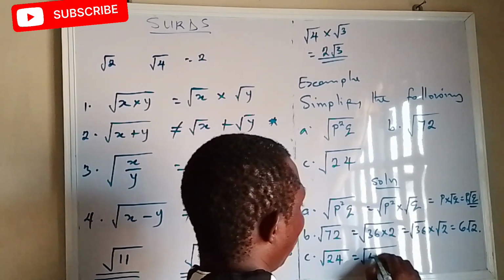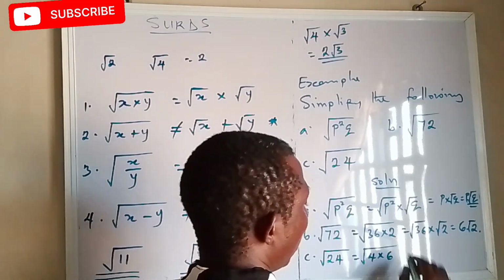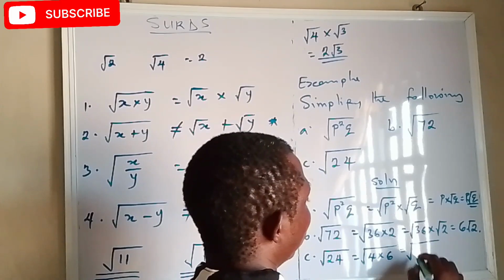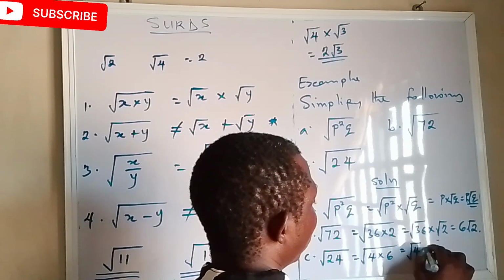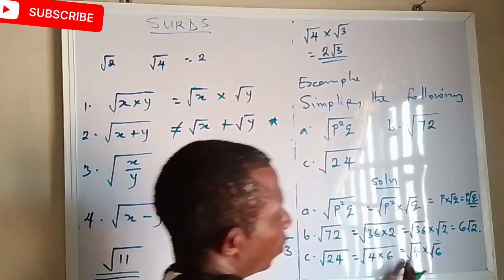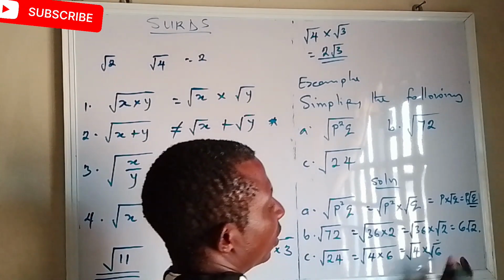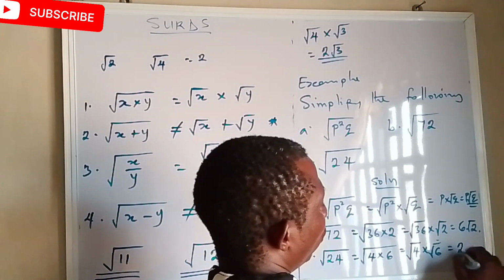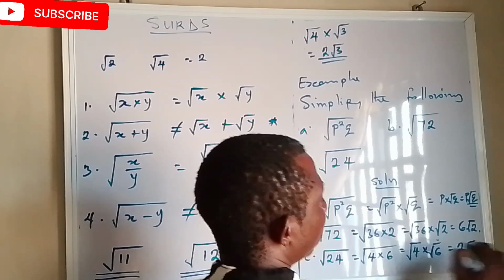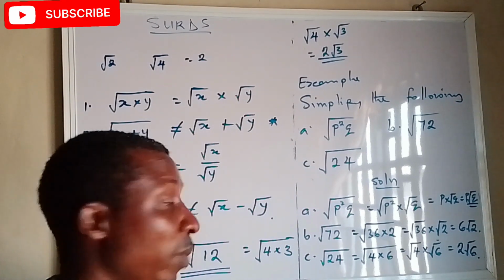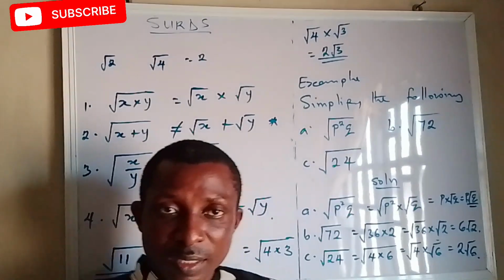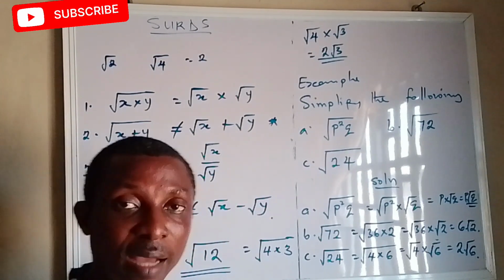So we have 4 times 6, and that gives us the square root of 4 times the square root of 6, and that gives you 2 square root of 6. So this is the basic form of this number. You can see it's just as simple as what we have here.